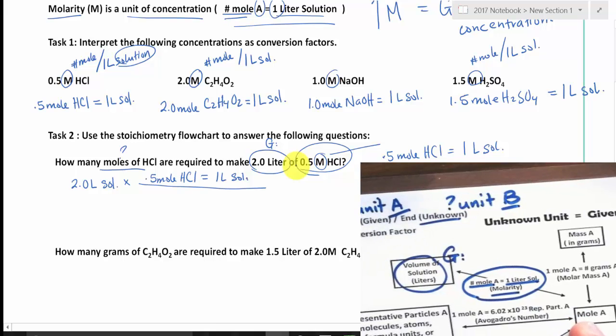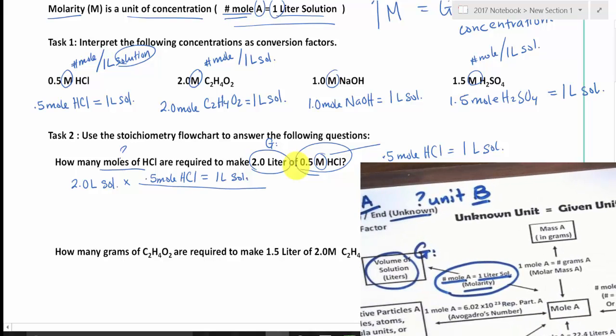Isn't that easy? And that's all it is. So let's rewrite this as a fraction. So we have 2.0 liter of solution times, notice how this is liter of solution, so the liter of solution on the bottom, which is 1 liter of solution. And what's on top? The leftover part, which is 0.5 mole of HCl.